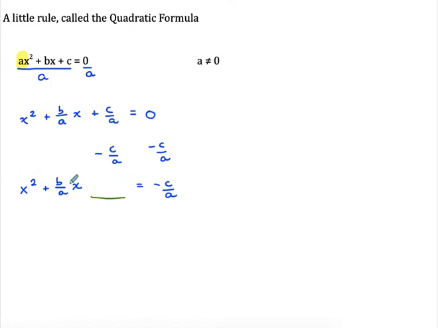So now let's figure out what this missing value would be to turn this left-hand side into a perfect square, no matter what the terms were to begin with. So remember, I have to take half of this linear term, half of this linear value, and square it.